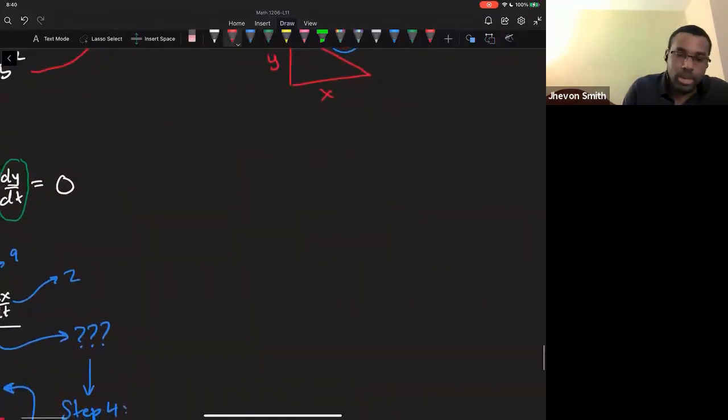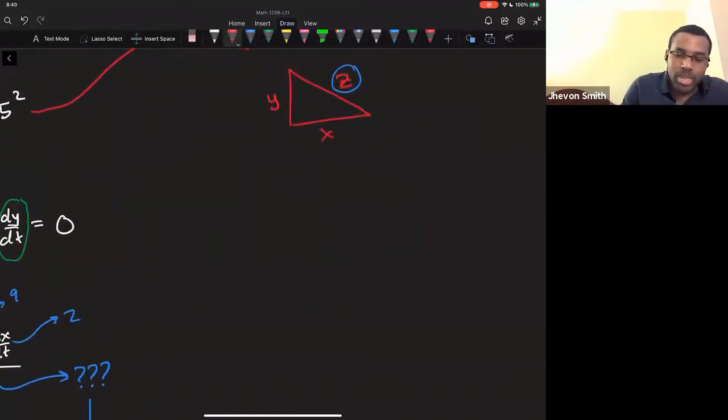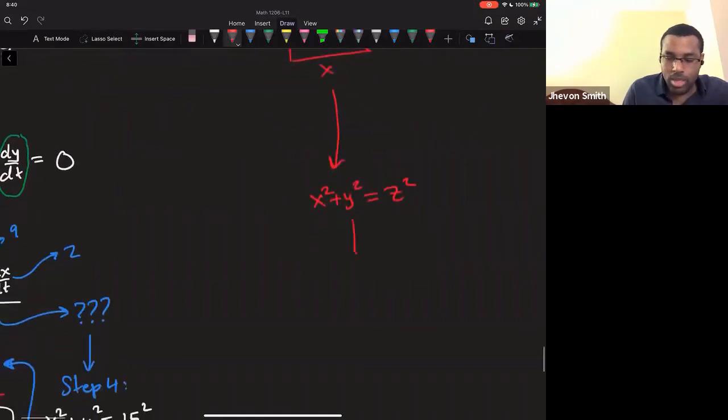It's not necessarily bad. You're going to move down and you're going to be like, well, it's X squared plus Y squared equals Z squared. And then you're going to end up with 2x dx/dt plus 2y dy/dt equals 2z dz/dt.